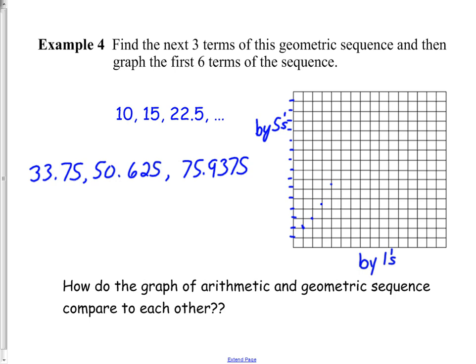At 5, I'd be at 50.625. So 5, 10, 15, 20, 25, 30, 35, 40, 45, 50, point 625. And then at 6, I'd be at 75.93.